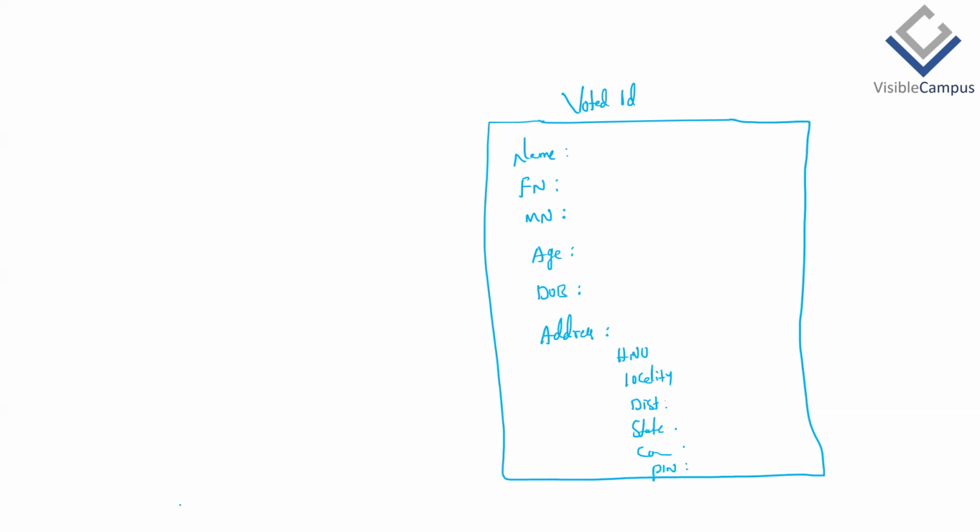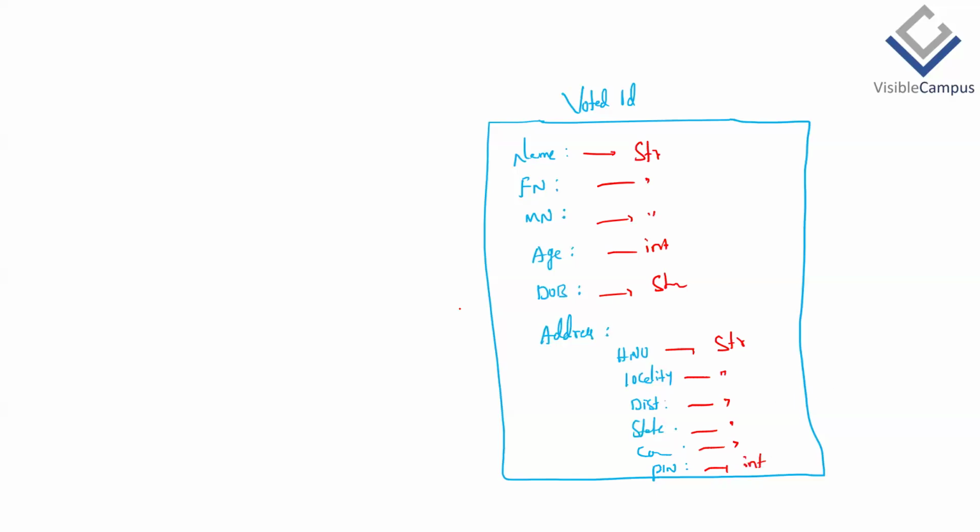Now tell me, name is what type of data? String. Father name, string only. Mother name, string. Age, int. Date of birth, string only because of slash or hyphen. House number, because of 2 dash 3 dash, string data. Locality, string. District, string. State, string. Country, string. Pin, int. Correct?